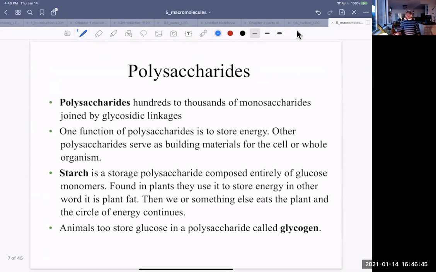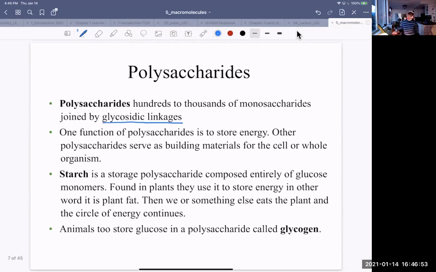Polysaccharides: hundreds to thousands of monosaccharides joined by glycosidic linkages. Those are the bonds that attach the two monomers of carbohydrate. One function is to store energy. Some are building materials. Starch is one you're familiar with. A storage polysaccharide. It's all glucose. It's just simply glucose monomers.